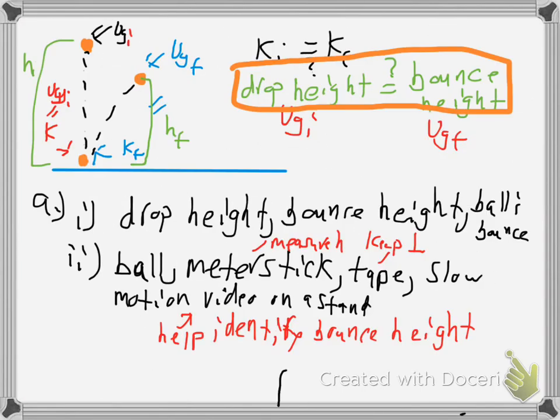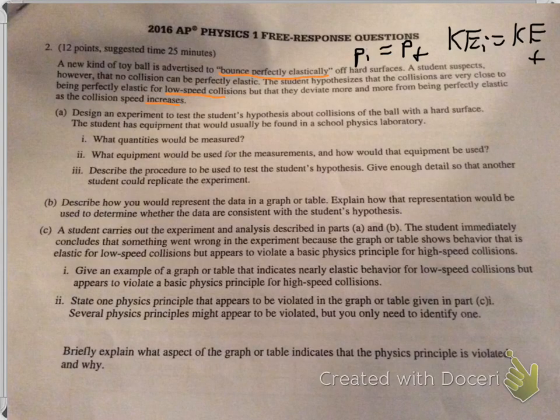And the next part of the question is we want to describe how we would represent it in a graph or a table. Explain how that representation would be used to determine whether or not the data is consistent with the student's hypothesis. So I think the easiest way here is to do a graph.